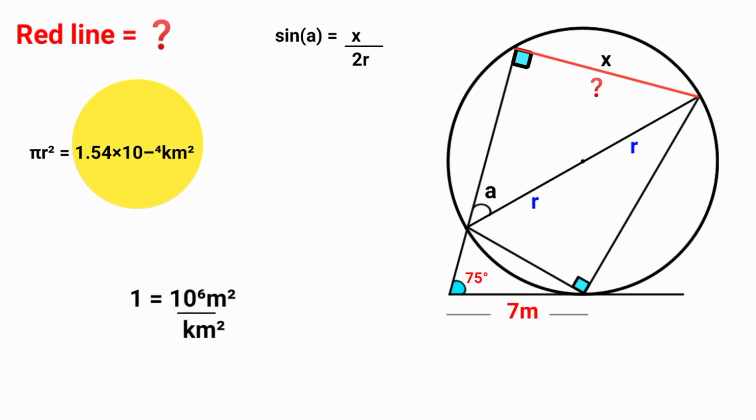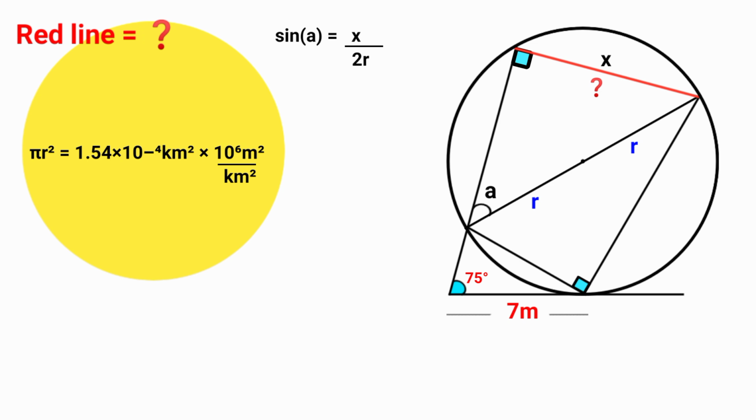Now 1.54 times 10 raised to the power minus 4 kilometers squared multiplied by 1 doesn't change it. And here 1 equal to 10 raised to the power 6 meters squared over kilometers squared. Replace this 1 with that. So pi r squared equal to 1.54 times 10 raised to the power minus 4 kilometers squared times 10 raised to the power 6 meters squared over kilometer squared.